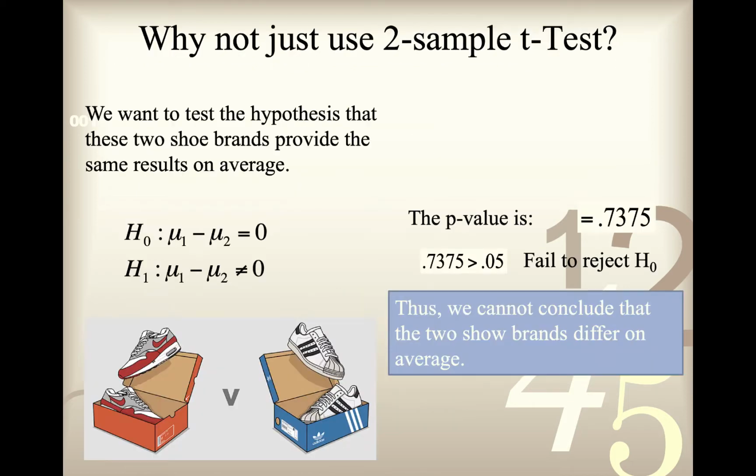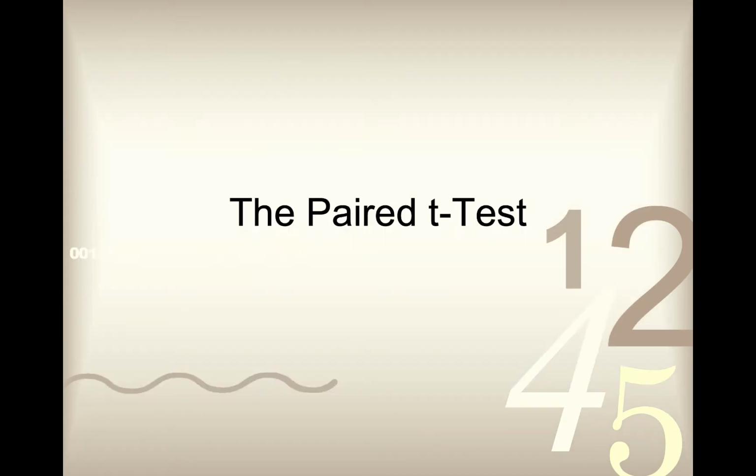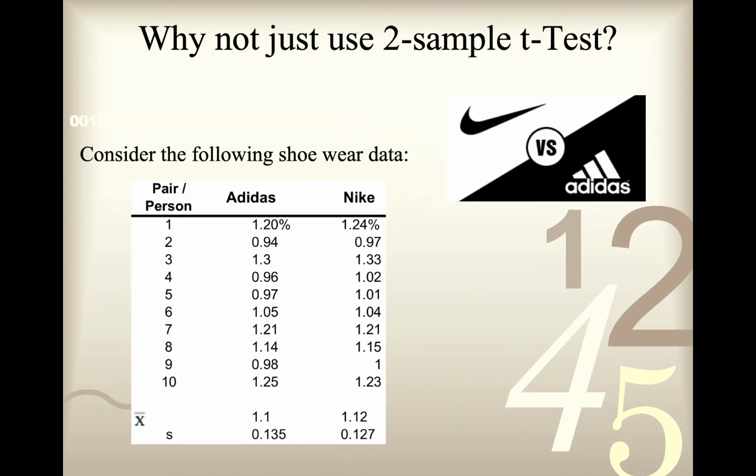Let's go back and look at our data. What do I mean by that? Think of person one here. For person one, we are picking up the difference between the Nike and Adidas that they wore. But we're also picking up all the vertical distance, which is all the differences between the people.